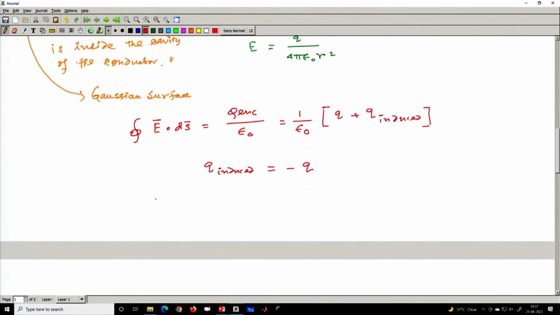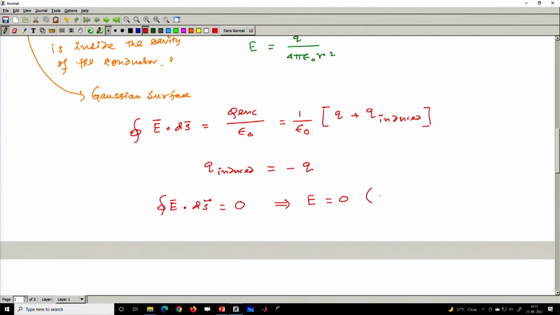So, eventually we have the closed integral E dot ds simply equal to 0. That gives us that E is 0.